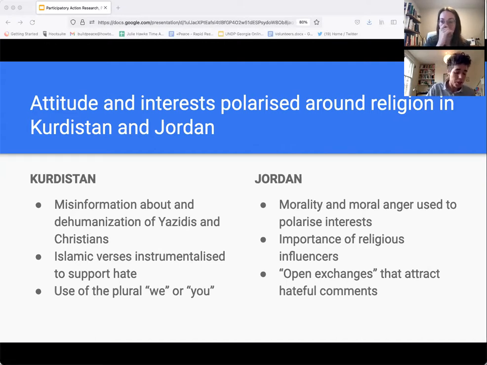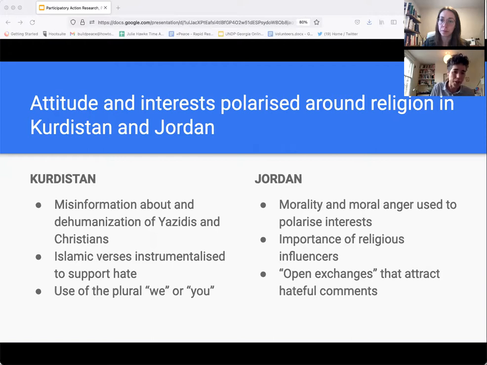This was actually contrary to their initial hypotheses, where they thought that hateful narratives would center around ethnic identity, not religious identity. But what they found was that posts related to religious ceremonies drew the most discriminatory comments and mockery against religious symbols. They also found, in addition to the discriminatory comments, Islamic verses and sayings of the Prophet Muhammad posted in the comments section. Evidently these verses are not inherently problematic, but they were being instrumentalized to support hateful narratives.